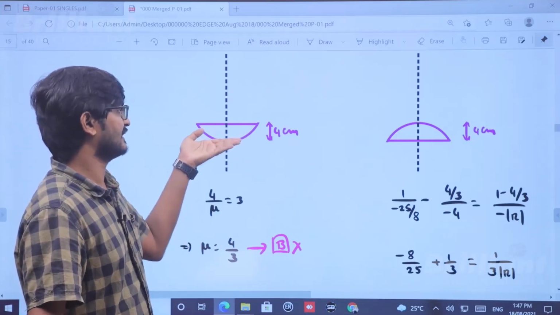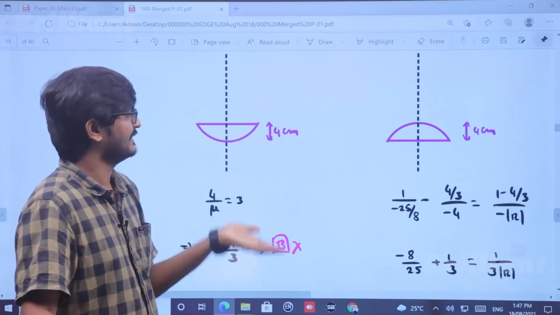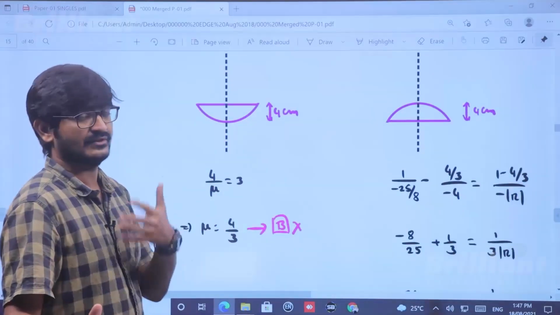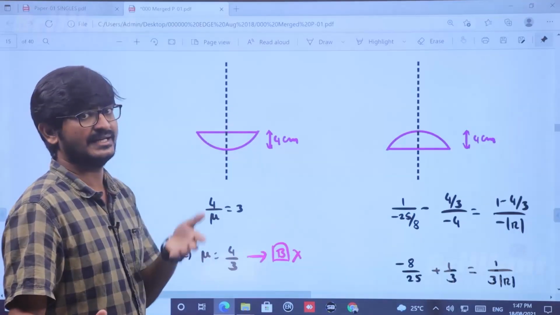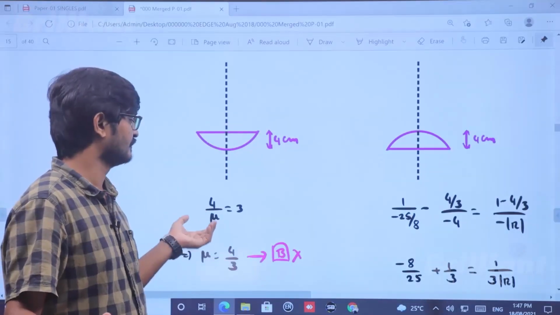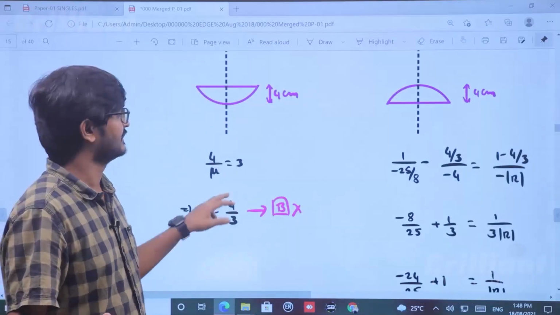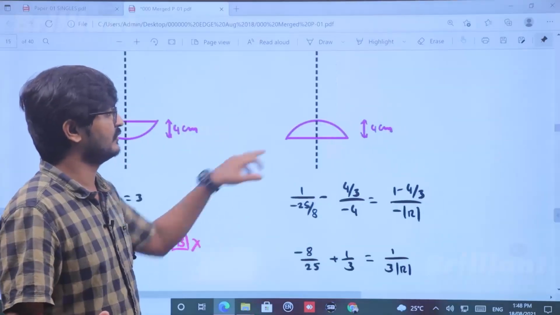When the object is here and there is a flat surface, you feel there is a little rise in the image. So you can go by apparent depth, real depth, however you have learnt it. How I will do it is, I know it will shift a little upwards, which will be less than 4, so 4 by mu. That is given as 3 in the question, so the mu value will turn out to be 4 by 3. That is the first condition. From the first condition I get the mu value, and I will use that mu value here.